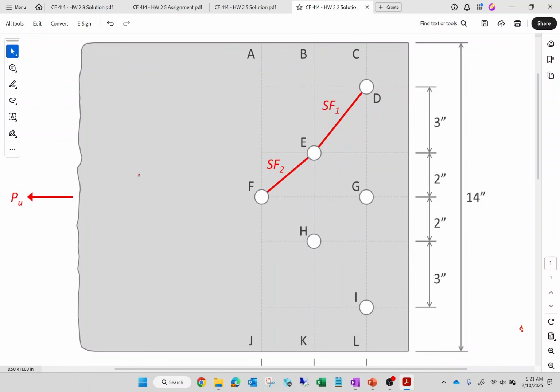Okay. What about BEFHK? Is that good? Okay, what about BEHK? Is that good? No, it's not, because it would shear through that first bolt.